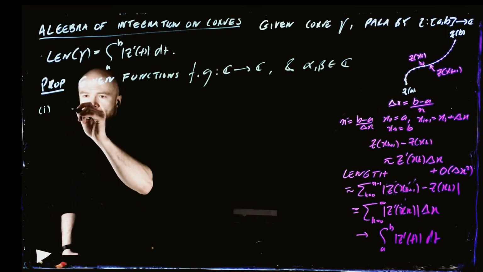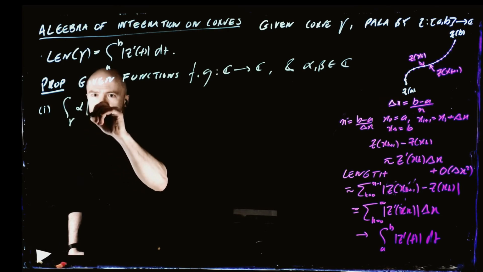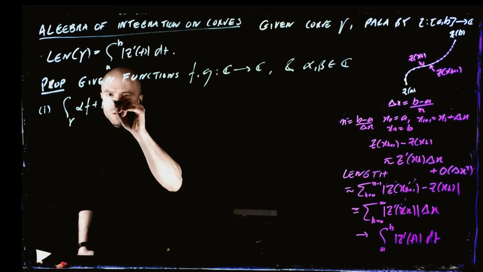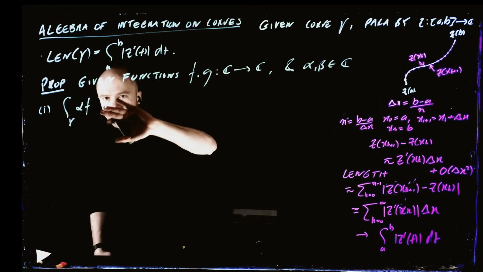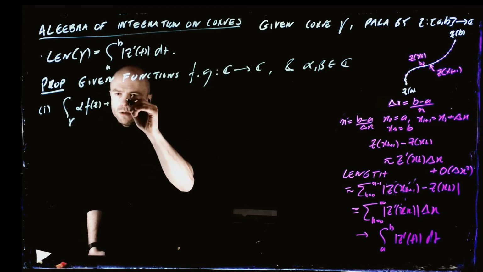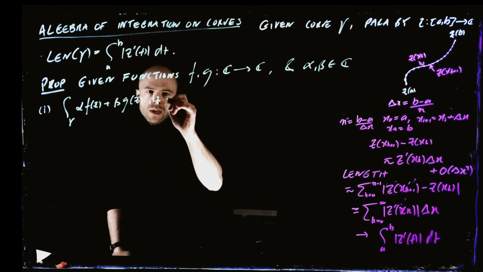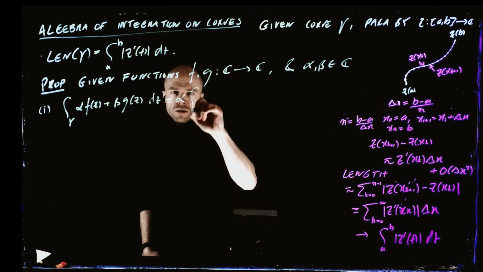First statement: if we do the integral of alpha f plus beta g, let me put the z's inside just to nail this down, dz, then that is the same as this thing.